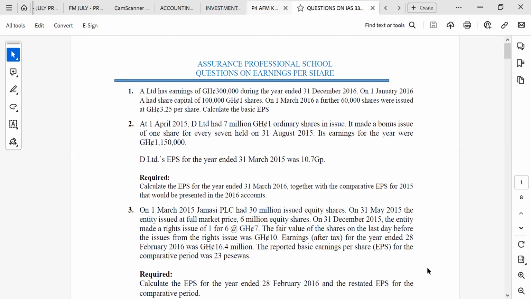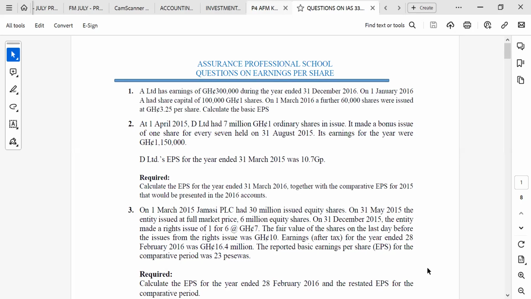At 1 April 2015, B Limited had 7 million 1 Ghana cedi ordinary shares in issue. It made a bonus issue of 1 share for every 7 held on 31 August 2015.